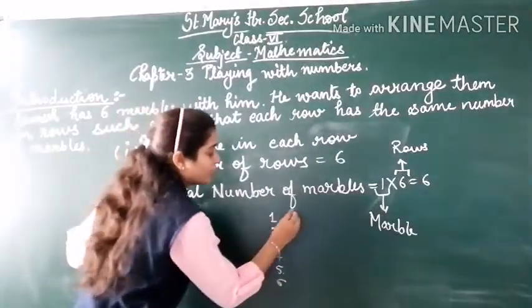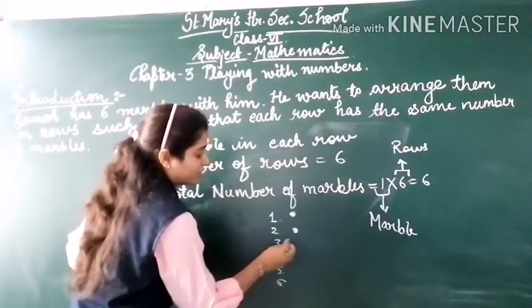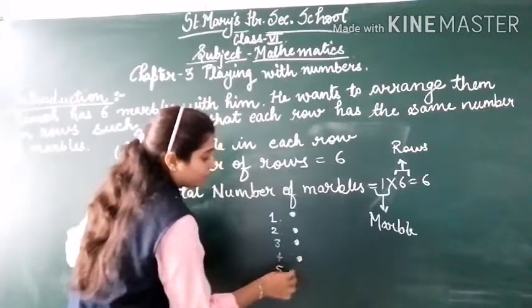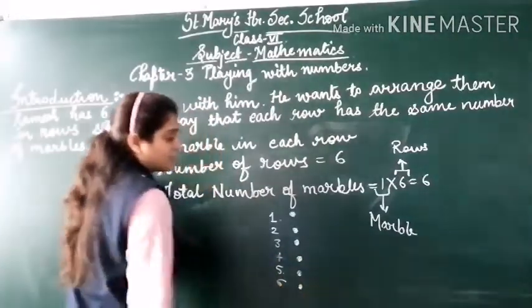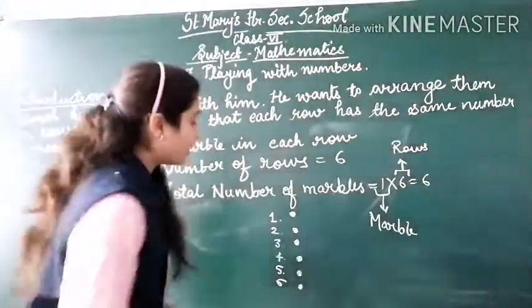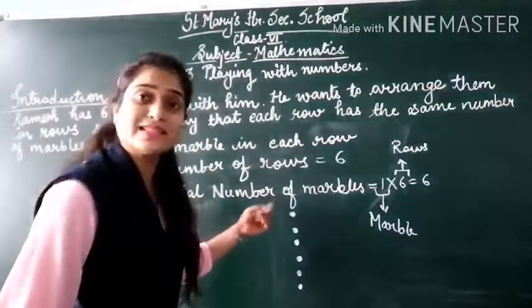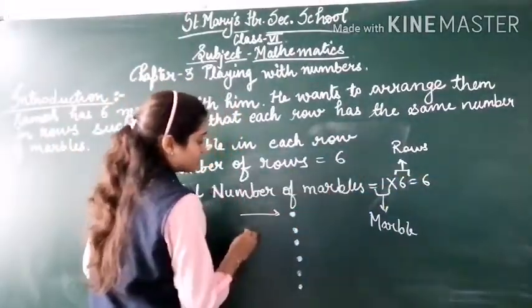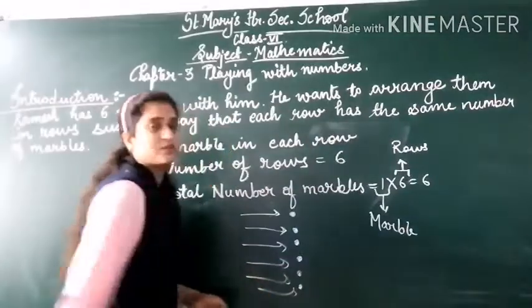In the first row he will arrange one marble, in the second row the second marble, in the third row the third marble, in the fourth row the fourth marble, in the fifth row the fifth marble, and in the sixth row the sixth marble. Total 6 marbles and 6 rows. So 1 into 6 is equal to 6.